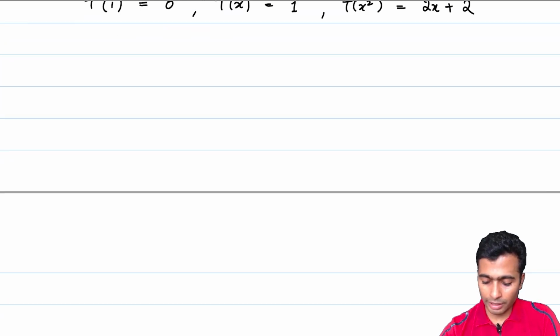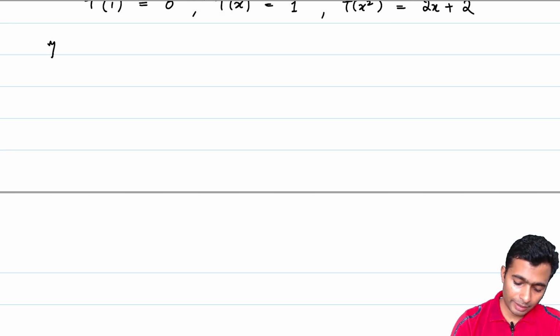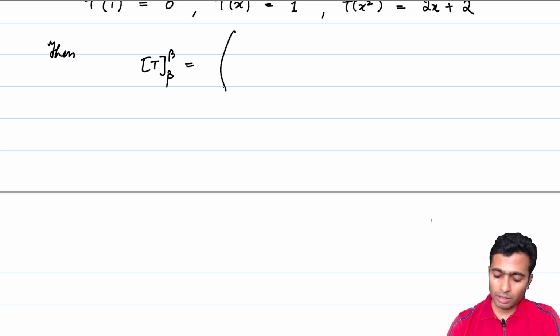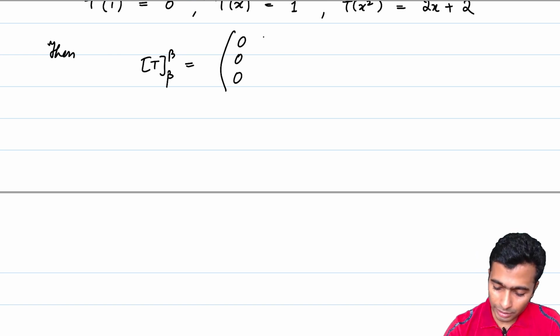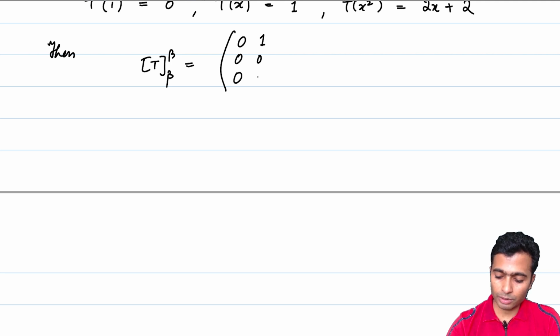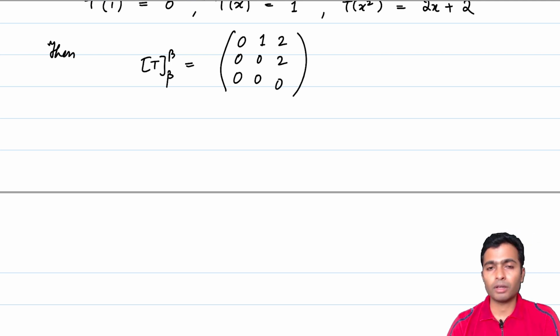And from this, we can directly write the matrix of T with respect to beta. It is 0, 0, 0 in the first column, because 0 is represented in this manner. How about 1? 1 is represented as 1 times 1 plus 0 times x plus 0 times x square. And 2x plus 2 is represented by 2 times 1 plus 2 times x plus 0 times x square.